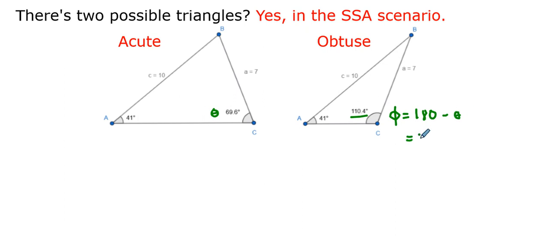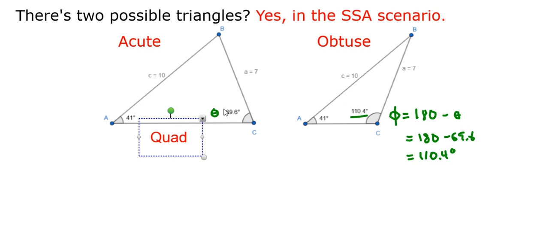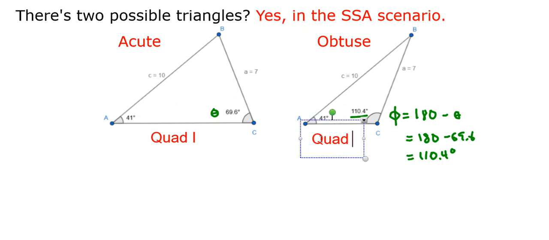And in this case, this is 180 minus 69.6, which is 110.4 degrees. So we always have to check to see if we have this. So this one here will sometimes be referred to as the quad 1 answer, because this angle, as an acute angle, is in quadrant 1, and this one will be referred to as the quadrant 2 angle, because this angle occurs in quadrant 2.